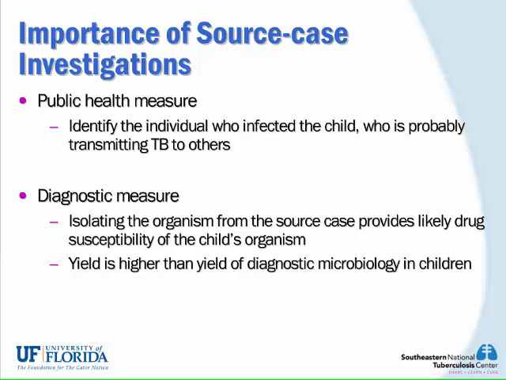But the diagnostic value of a source case investigation is that when we identify a person and it's a pretty good link to the index case or to the child, then obtaining sputum from that source case usually has a better yield than obtaining gastric aspirates from the children. So if we can isolate the organism from the source case, we can assume that the child has the same organism, and we will have susceptibilities of the organism.